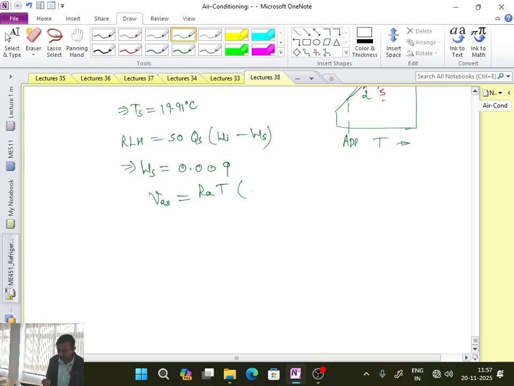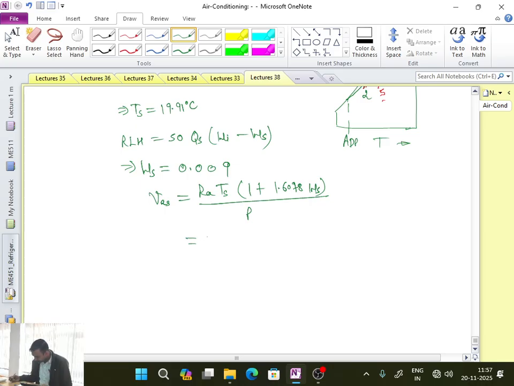RA into T, 1 plus 1.6078 WS, here it will be TS upon T. Given to you or not? How much is VAS?